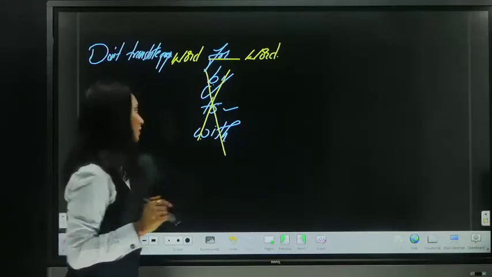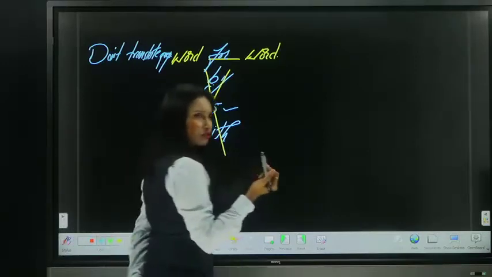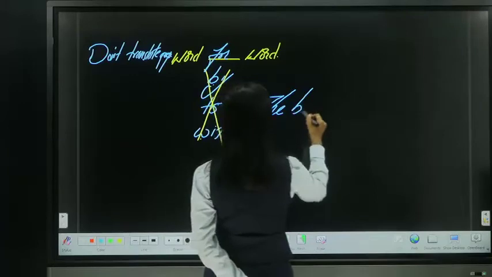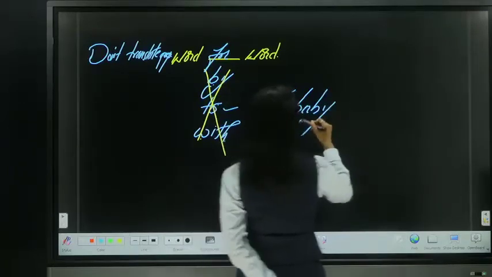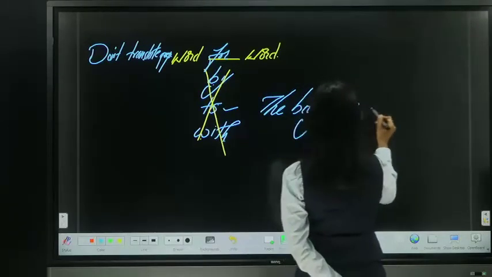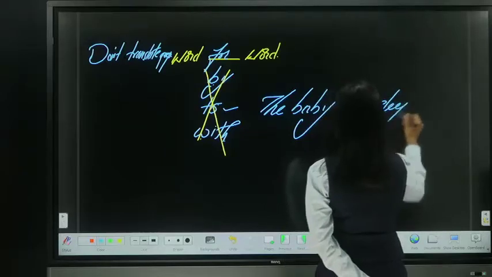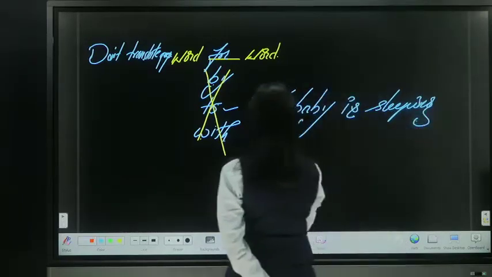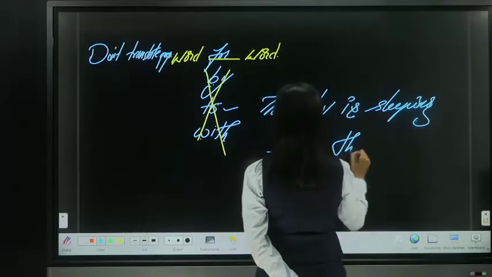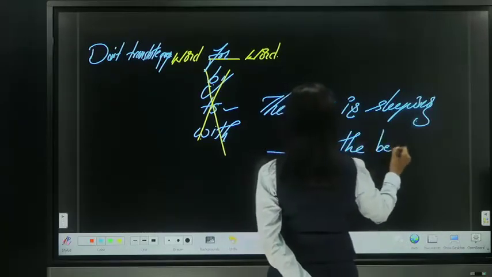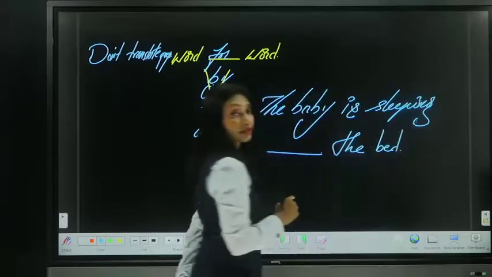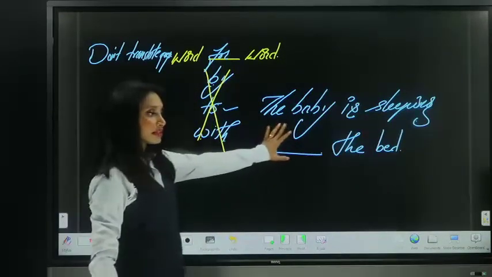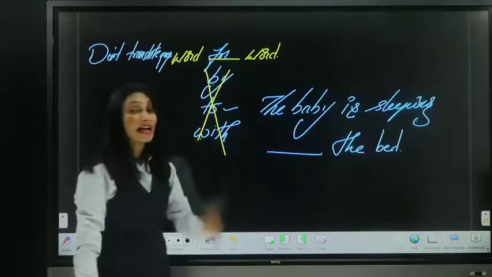So do remember, for a simple example, try to fill this one. The baby is sleeping dash the bed. The baby is sleeping dash the bed. So quickly, do fast. Answer this, fill this one. The baby is sleeping dash the bed.